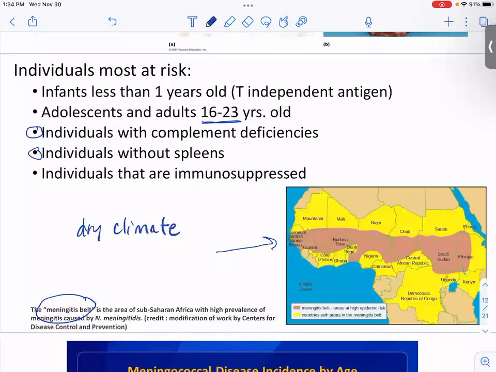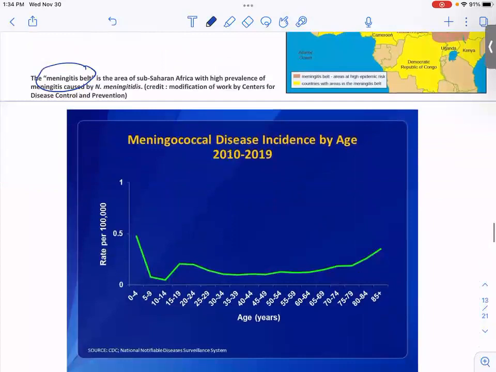There are a lot more cases during the dry season, which is like December to June, I think I read. Put that together with lower socioeconomic status, poor living conditions, poor nutritional status, and apparently that may help explain why we have higher incidence there.